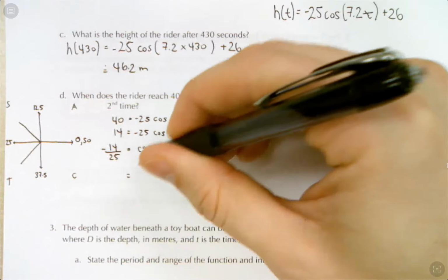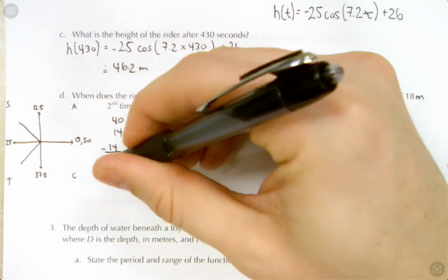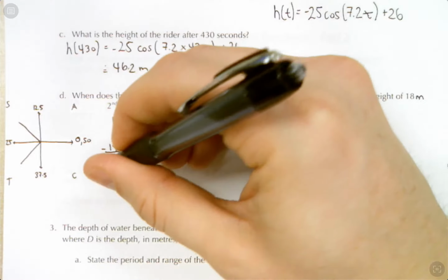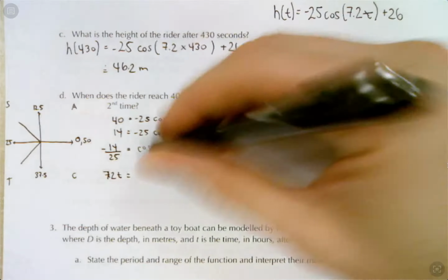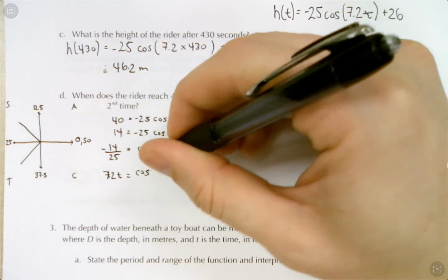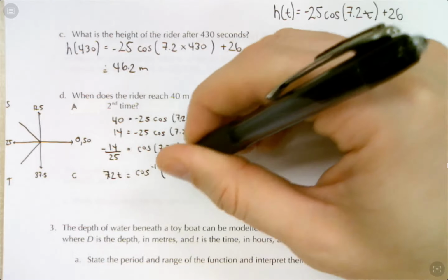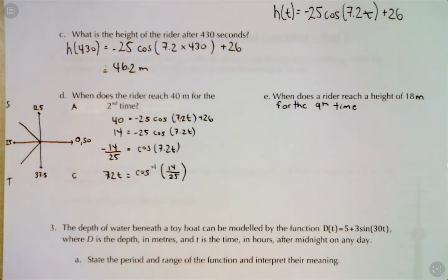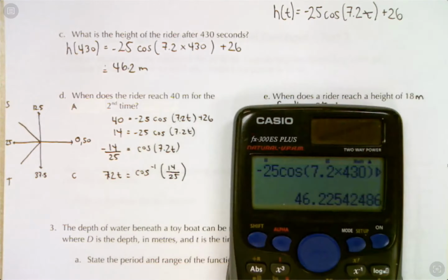And now when we do cos inverse, we'll get an answer for 7.2 t, but we ignore the negative sign. The negative sign tells us our quadrants. Cos inverse tells us our related acute angle.